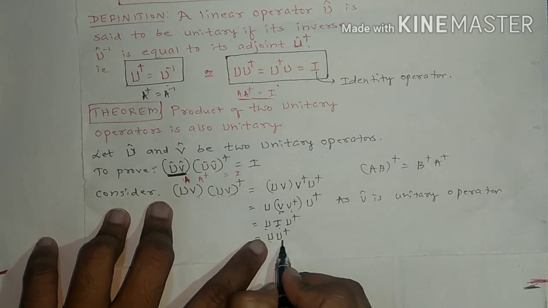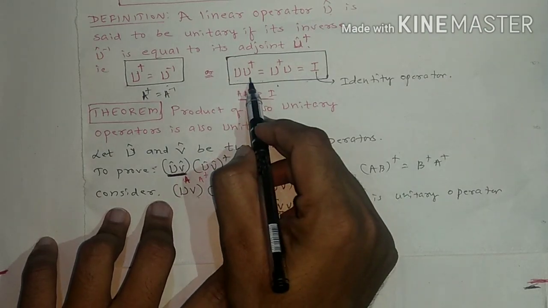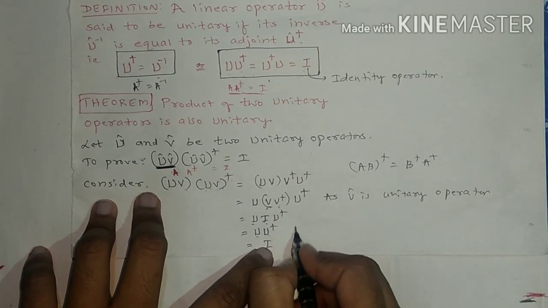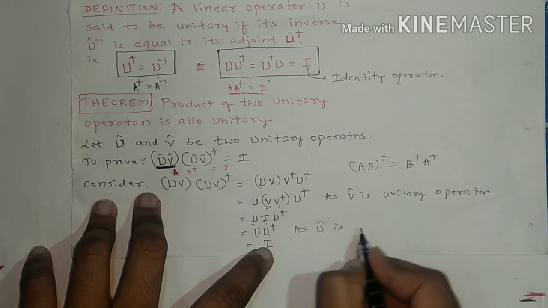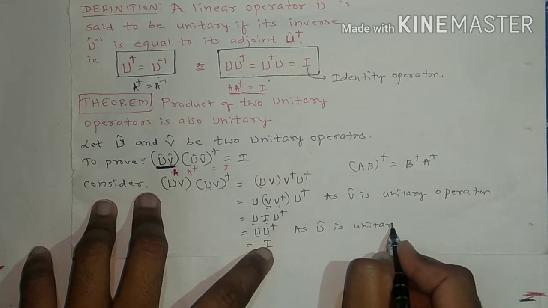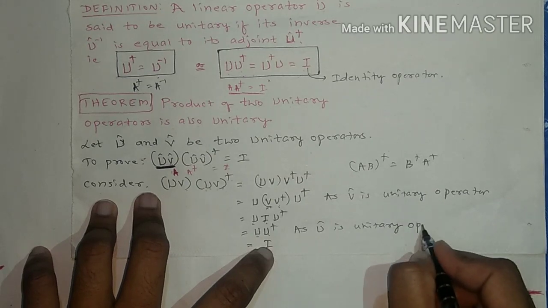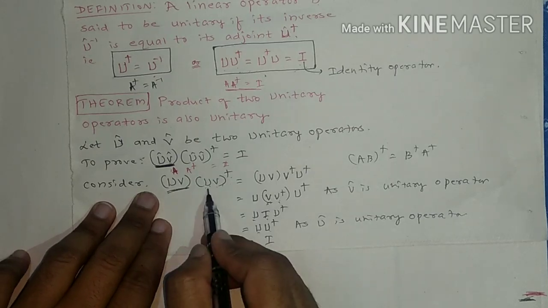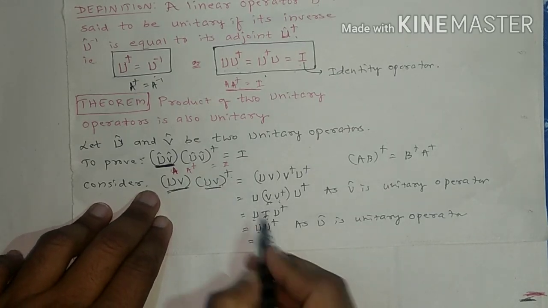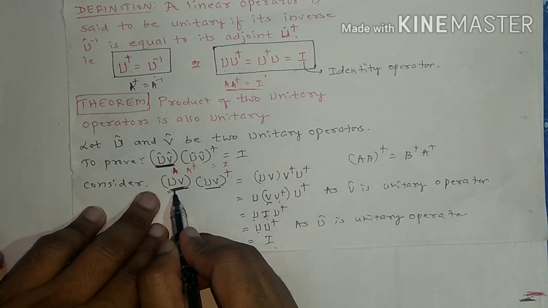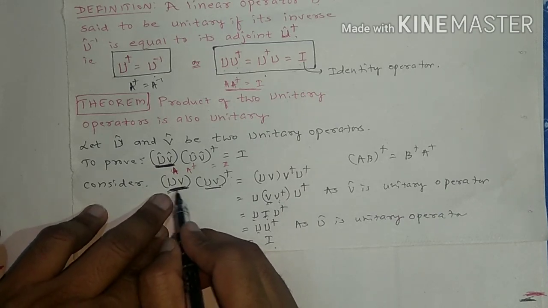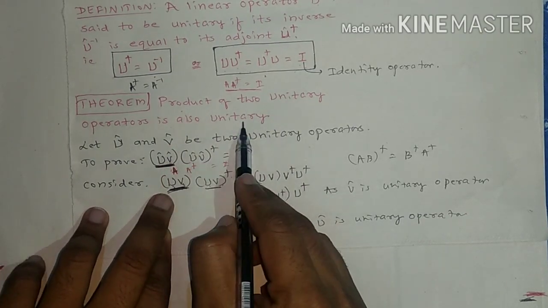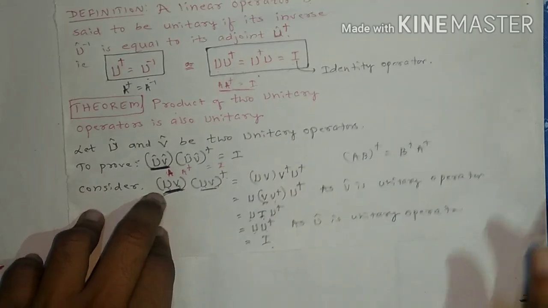It is I, because U is a unitary operator. So we got UV into (UV) dagger equal to I. That means this has to be a unitary operator. What is this? This is the product of two unitary operators. Hence it is proved that the product of two unitary operators is also unitary.